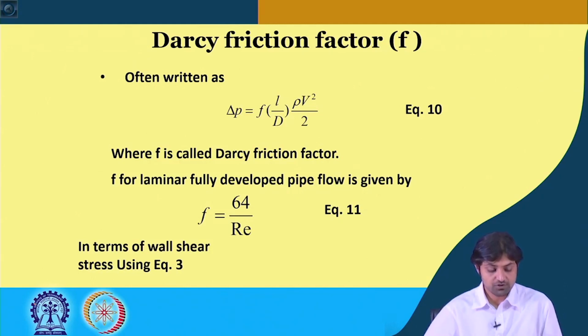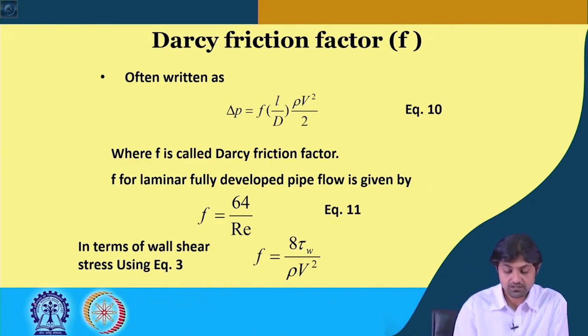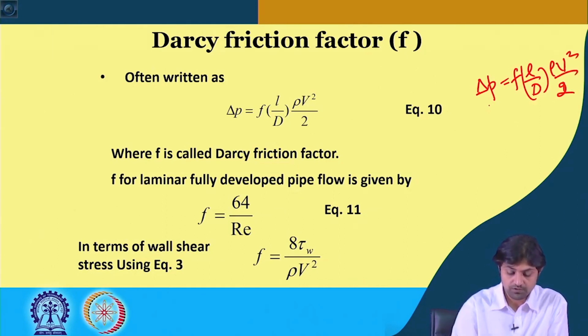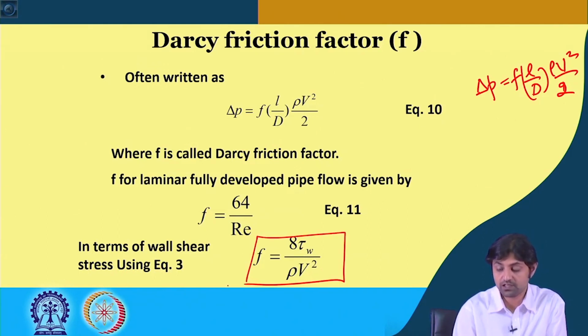So now in terms of wall shear stress, if we use equation number 3, F can be written as F L by D into rho V square by 2; in terms of wall shear stress using equation 3, we will get F is equal to 8 tau W by rho V square.